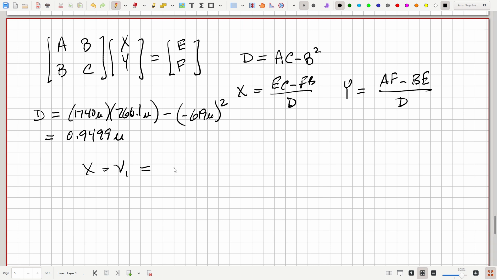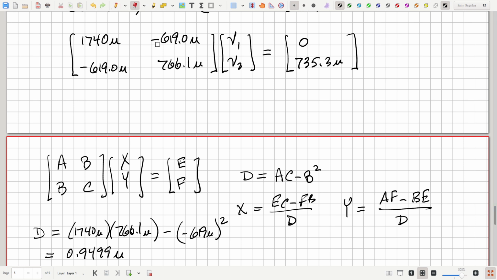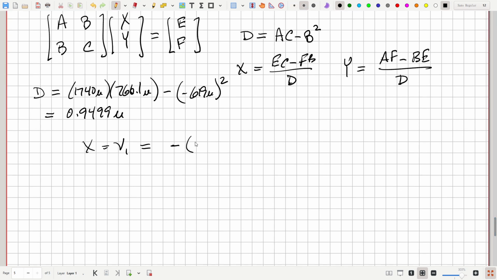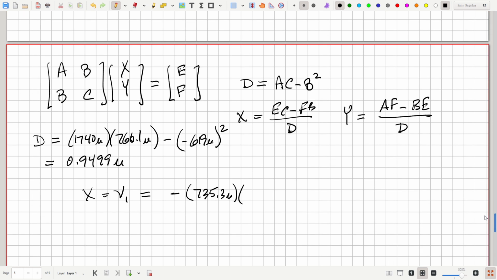Or we can just write that explicitly, so minus 735.3 micro times the B value, which is minus 619 micro.